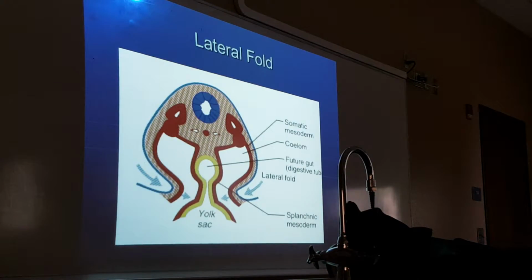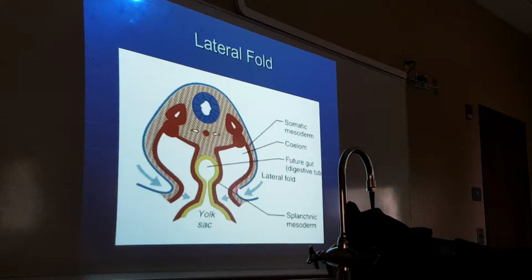Okay, and so now you see it's folded almost completely around. And we see the future digestive system, the yolk sac being pulled up, the amnion being pulled even further around, and the ectoderm is just about meeting on either side.